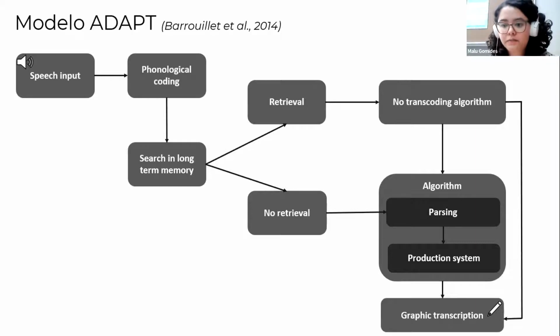Then numbers could be directly transcoded by retrieving their digit Arabic form from long-term memory, or be transcoded procedurally by implementing a series of algorithms. So we have basically a lexical route for number transcoding and a procedural route for number transcoding.